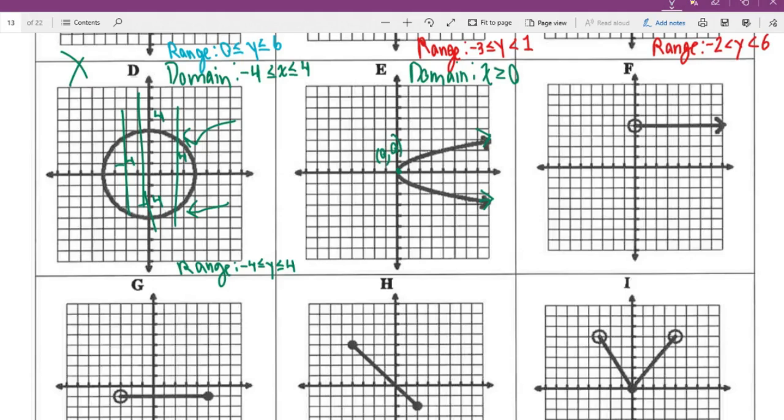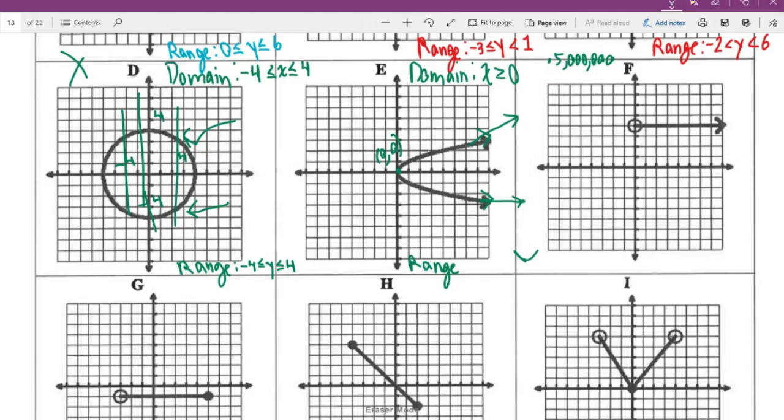The range is a little interesting. Like I said earlier, these arrows mean that the graph goes on forever. So that means it's going to touch all of the range values. There's even, at some x value, y equals 5,000, 5 million, and beyond.